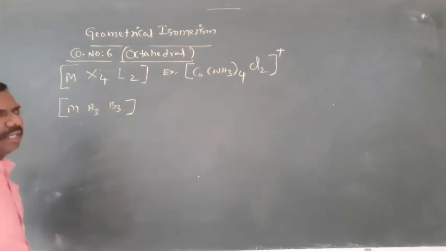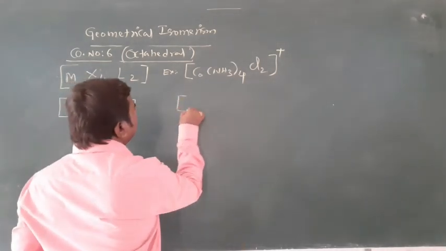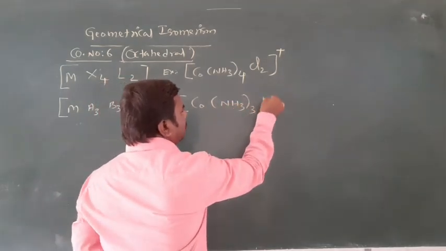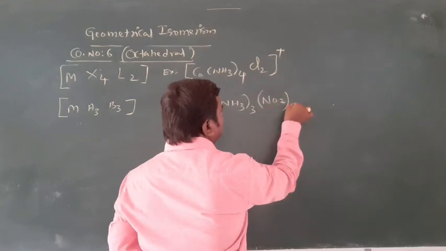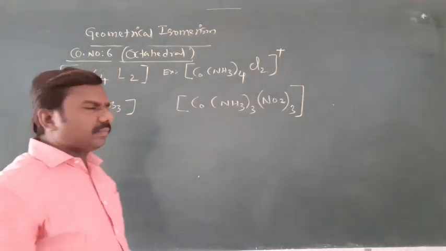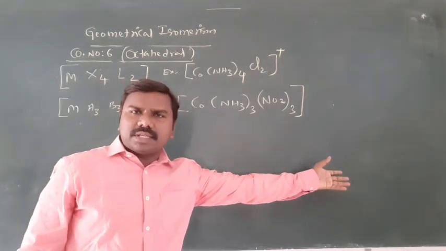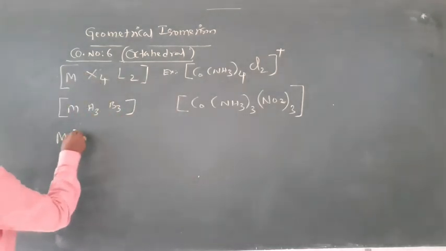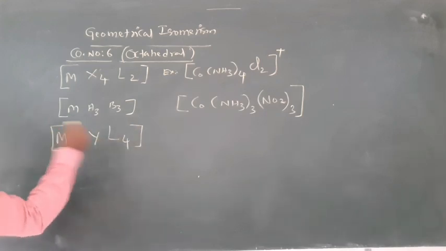Next, M A3 B3, otherwise X3 L3. Both are correct. Example for this is Co NH3 thrice NO2 thrice. So it is X3 Y3. Facial and meridional we have discussed already. Next, M X Y L4 can also show.